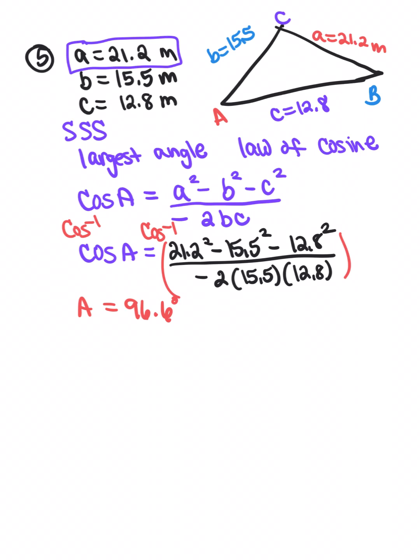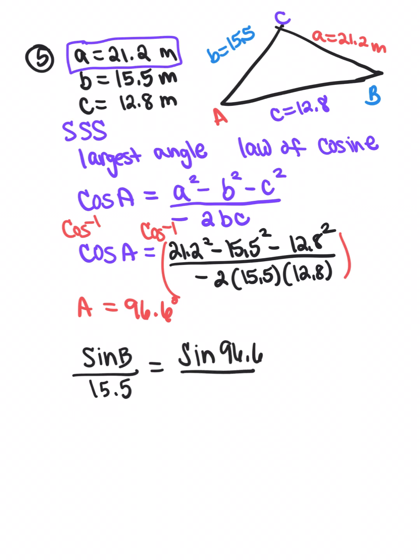And I can use law of cosine again to find the next angle, but I'm going to use law of sine since it's faster. So we have our angle A and we have our side A, so we're going to find angle B next. So sine of B over 15.5 is equal to sine of A, which was 96.6, over side A, which was 21.2.